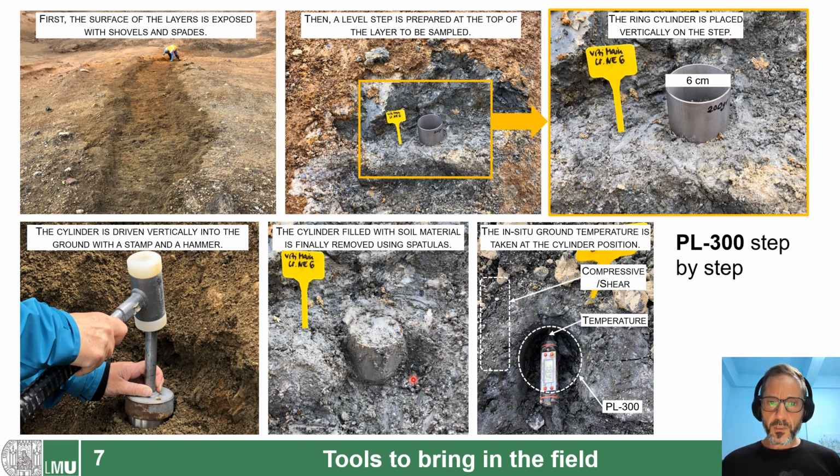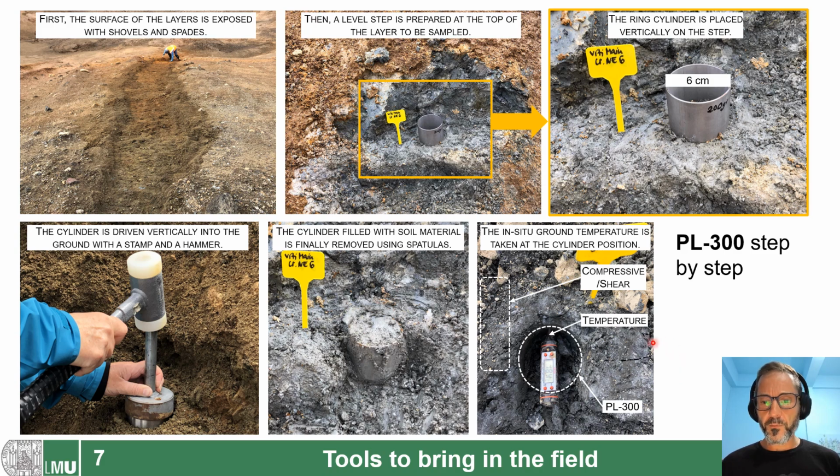Soon after the removal of the cylinder, what we usually do is measure ground temperature at the specific spot where we took the sample, and we also use the undisturbed areas around the layer to take measurements with compressive and shear test devices. Typically, for each measurement of compressive and shear test, we take between 6 and 12 measurements, which are usually used to get average values and the associated error of the assessed properties.